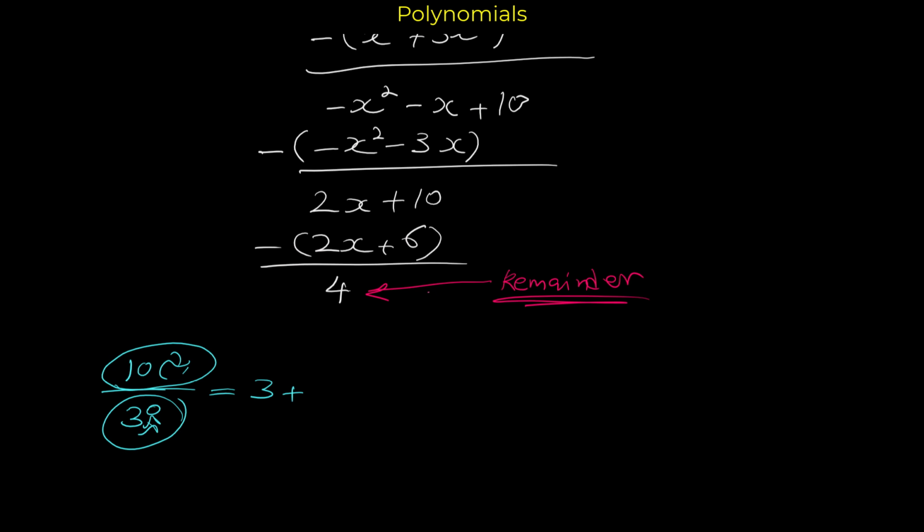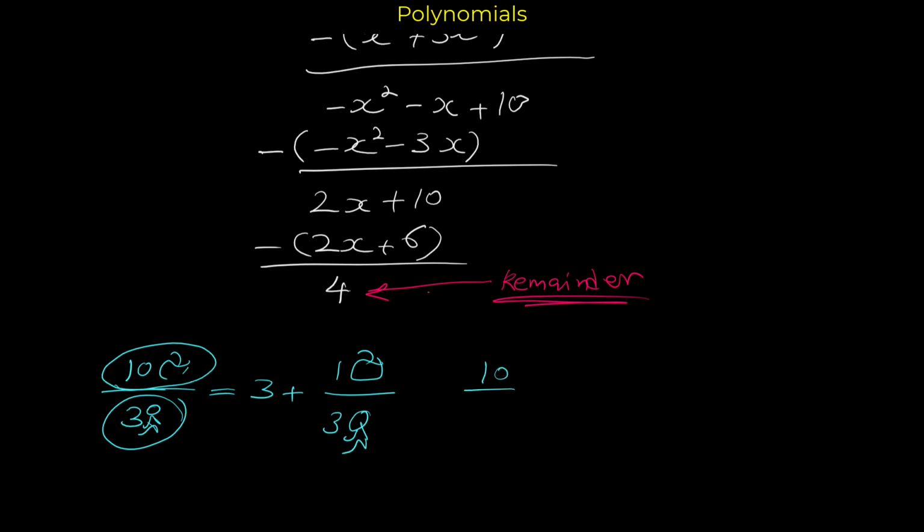But because we have 10 apples, 1 apple remains. What do we do with that 1 extra apple? We keep that here in the numerator, and still we have to divide this 1 apple between those 3 people.